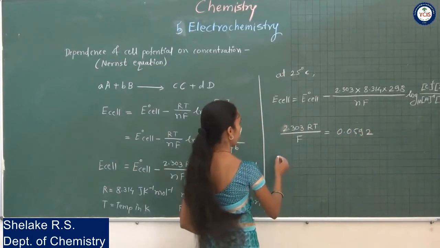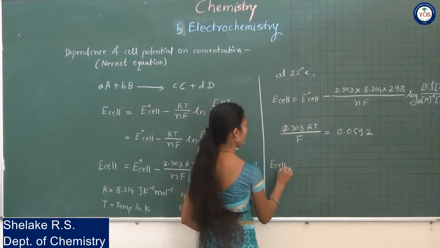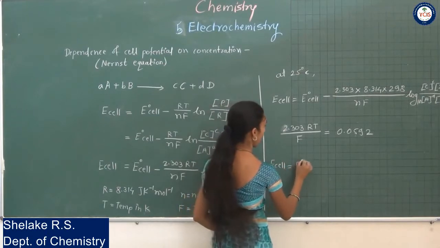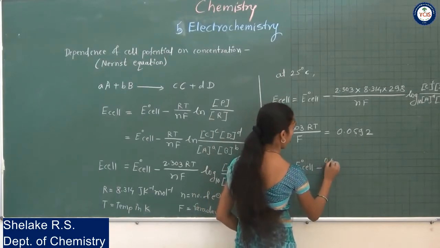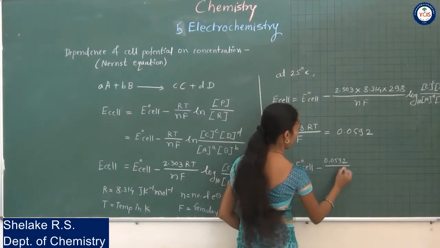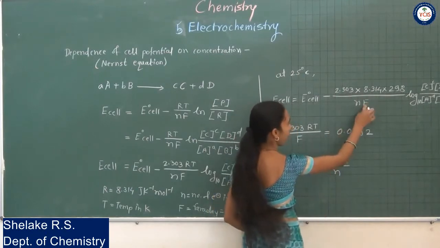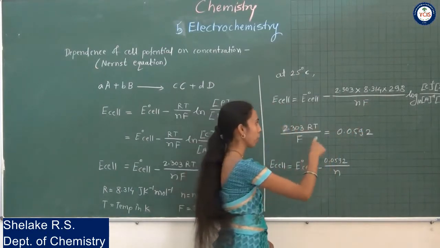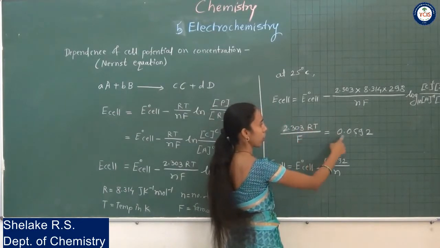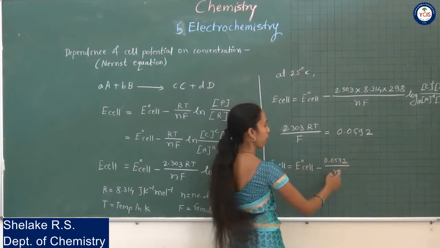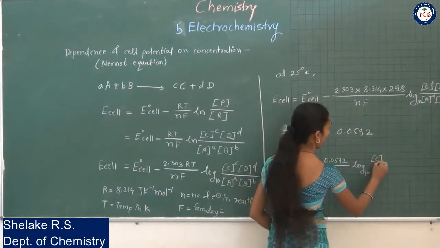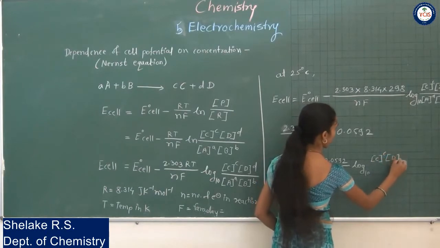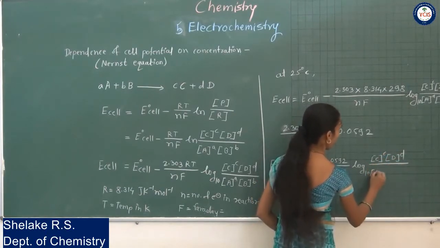So you can write E cell is equal to E0 cell minus 0.0592 divided by N into log to the base 10 of the concentration of product divided by the concentration of reactant.